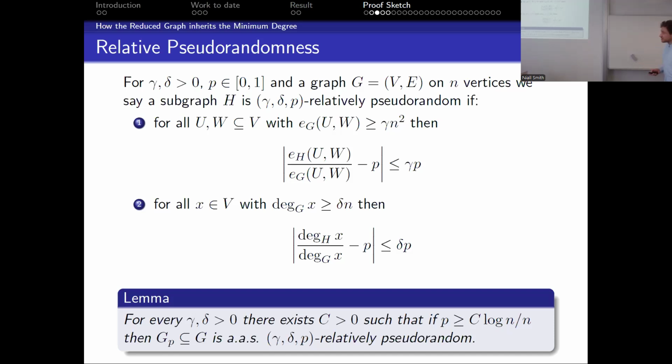What we're saying is that for every two sets of vertices where the edge density isn't too small, you get the same proportion of edges in the random graph compared to the host graph. It's a random subgraph of a host graph, but the proportion of edges is roughly evenly distributed all over.